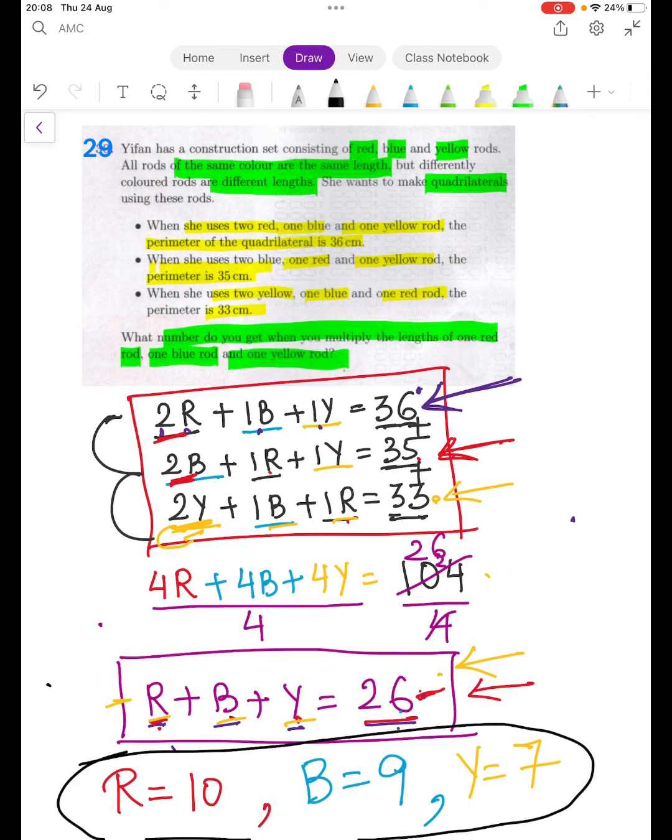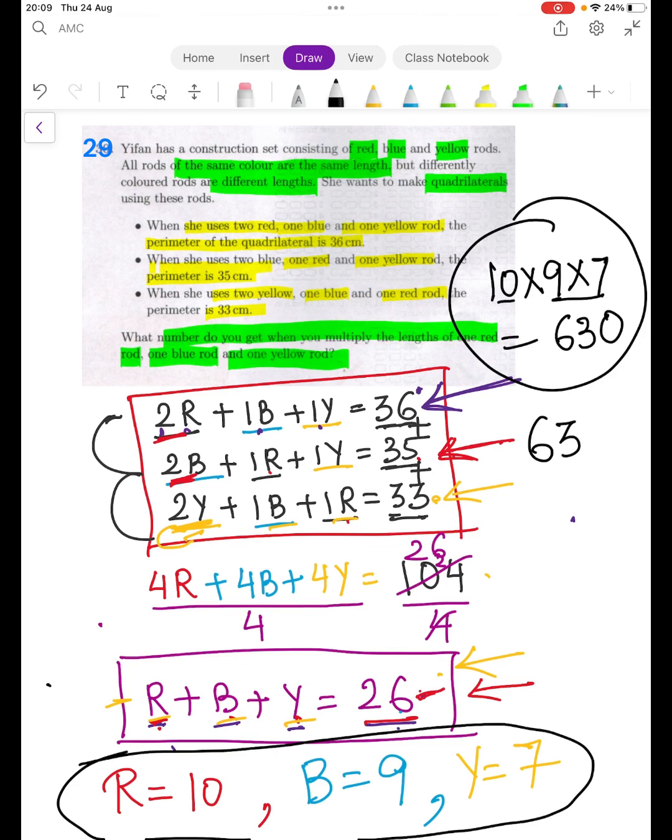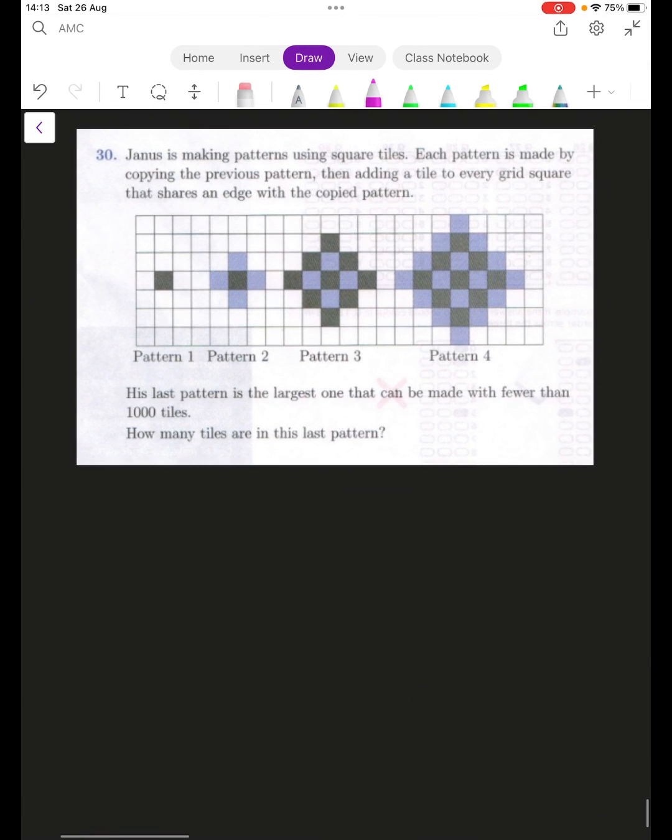So this is easy. You just have to multiply 10, that's red, length of blue, and length of yellow. So 9 times 7 is 63, and then multiplied by 10 is 630. So this is our answer, 630. This is an excellent question. All right, go on to the next question.